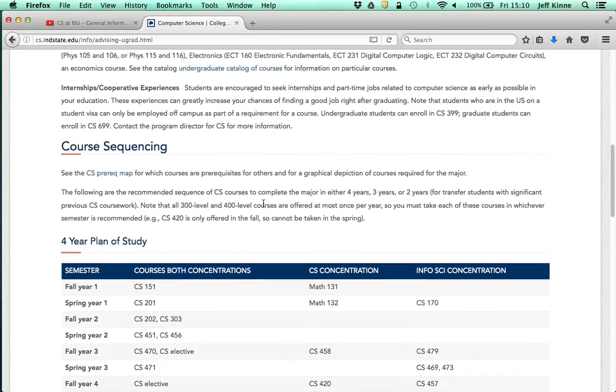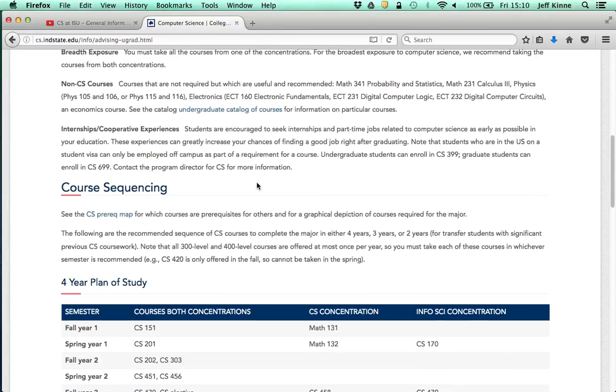Okay, if we go back up here, there's a useful link that shows a picture of the prerequisites, which courses are required for others.